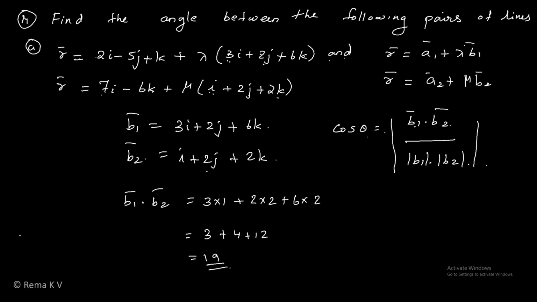Also you have to find modulus of b1 and modulus of b2. To find modulus of b1, root of 3 square plus 2 square plus 6 square. And to find modulus of b2, root of 1 square plus 2 square plus 2 square.